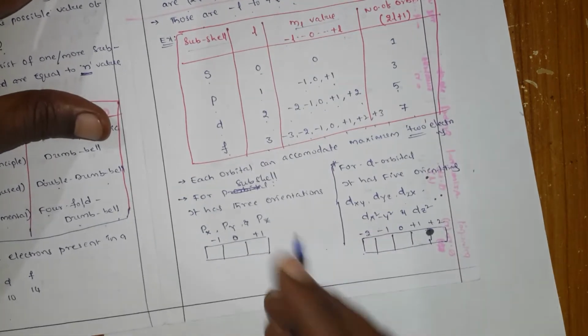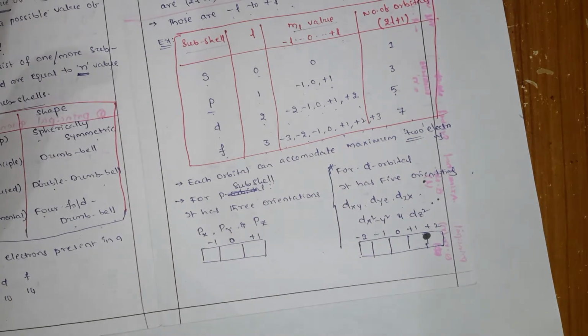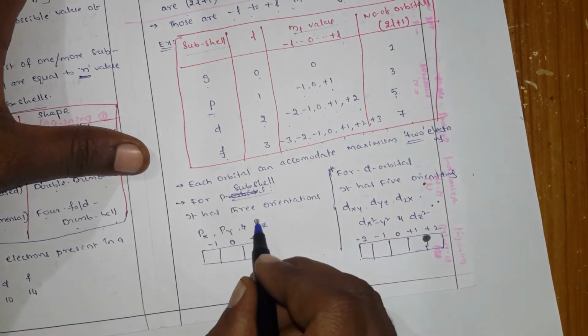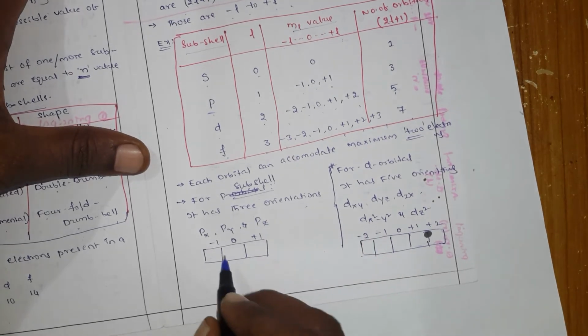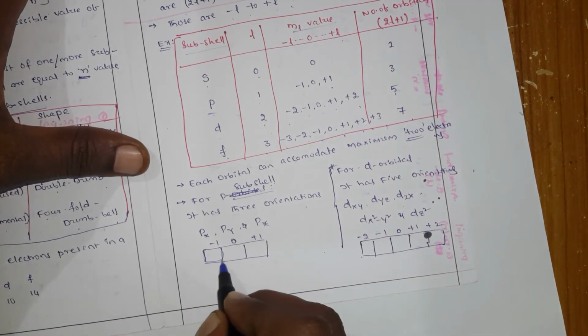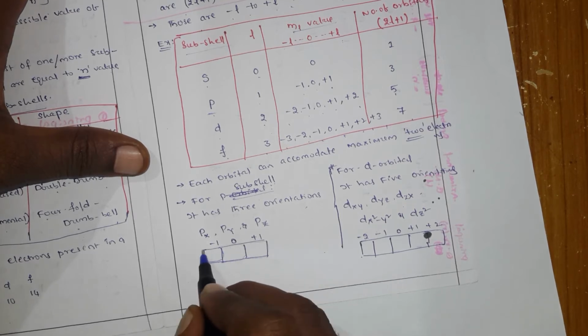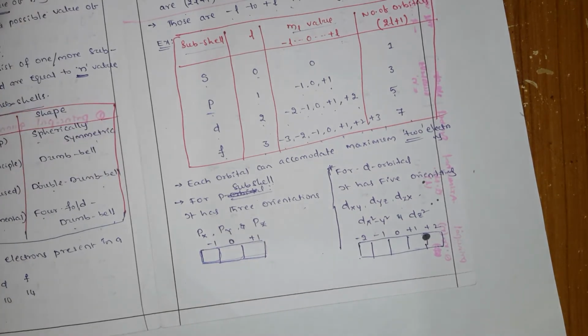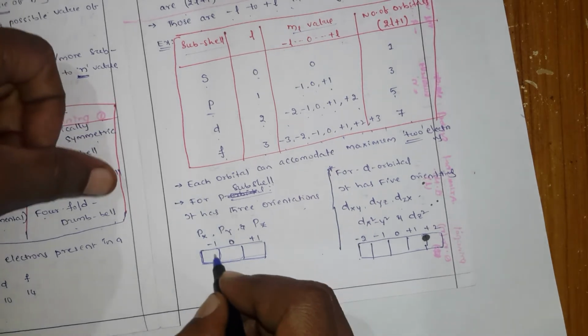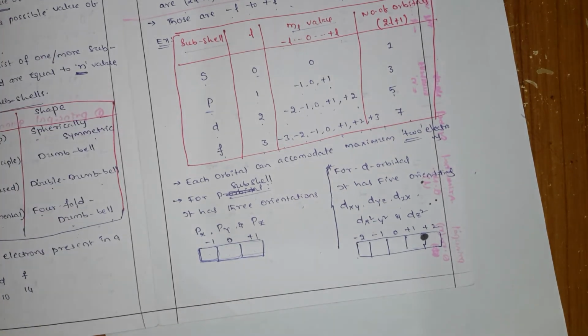So you will see here for the p subshell, you know how many p orbitals can be present? 3 p orbitals. So look here, this is 1 orbital, 2, and this is the 3. So these are the 3 p orbitals. Again in this, where the electrons are present, you know that.